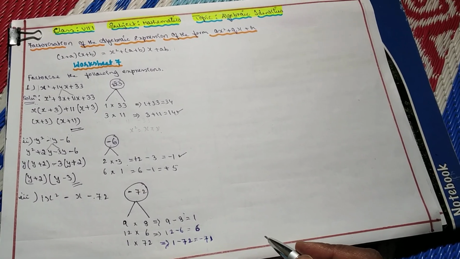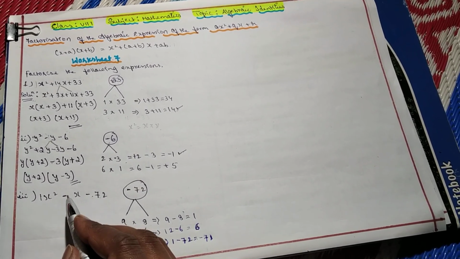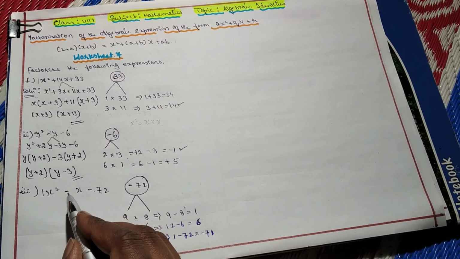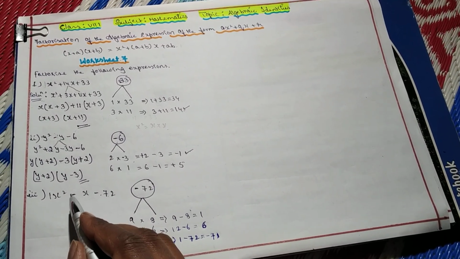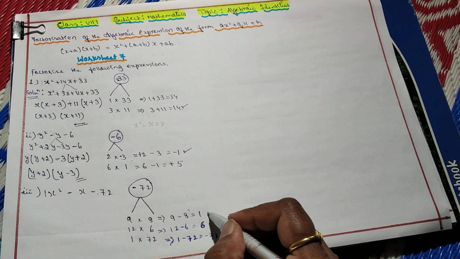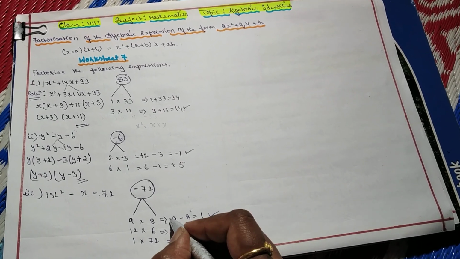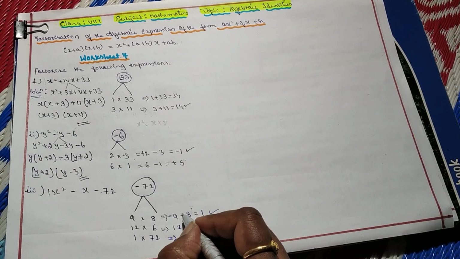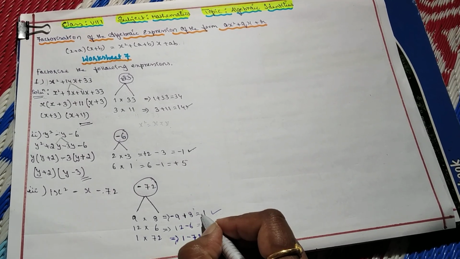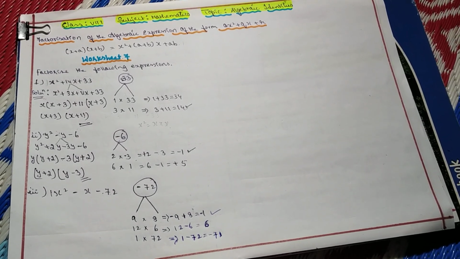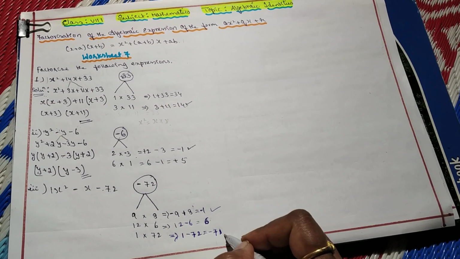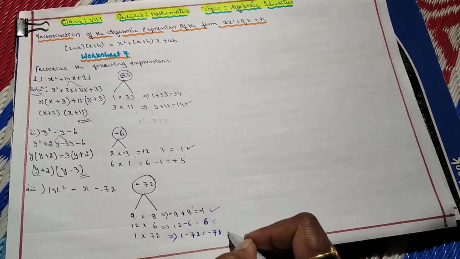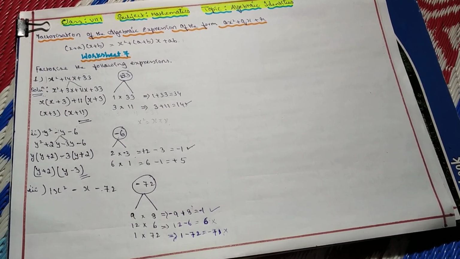Now after getting the table, I have to see which one I require. The middle term is −1, which means 1 comes here, right? So for this I'll write −9 + 8 = −1. The remaining 6 and 72 I don't require for splitting this term, right?